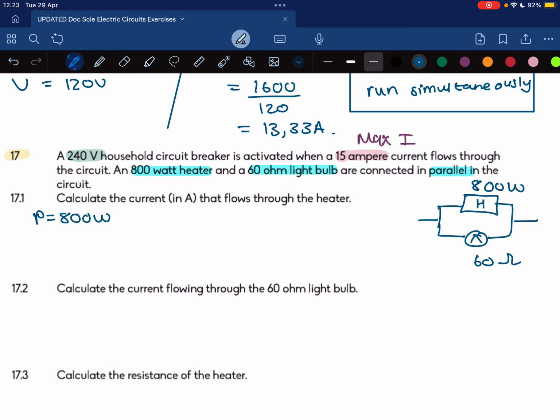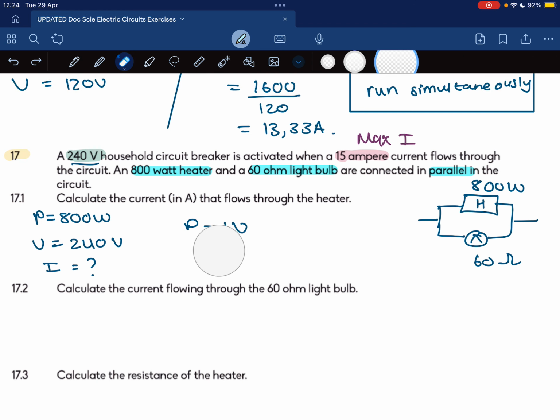Now remember, because it is parallel, the voltage is equal. So the voltage through this is 240 volts. Now I can calculate the current quite easily by just using my PIV formula. Let me manipulate the formula first.